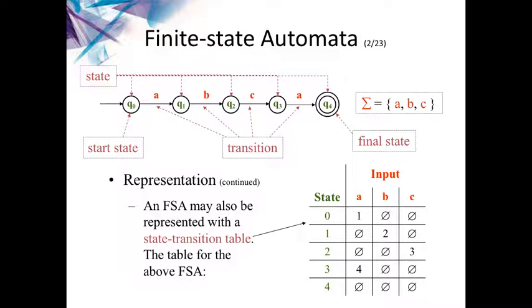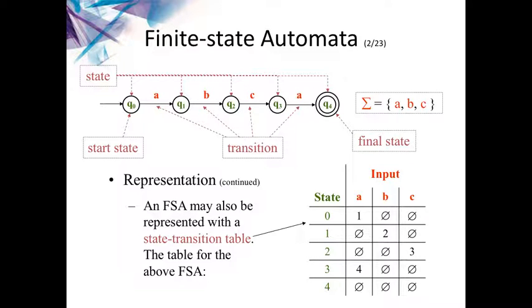The way we write the state transition table is the rows are the states and the columns are the alphabet that build this language. And then you say, when I'm at state 0 and I get an A, I'll go to state 1 as seen here in the example. But when I'm in state 0 and I get a B, I'll go nowhere, and that's why it's a phi. And when I'm in state 0 and I get a C, I'll go nowhere, and that's why it's also a phi.